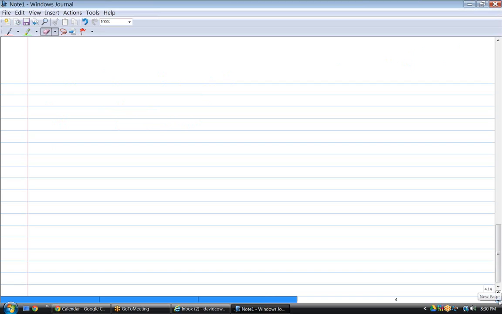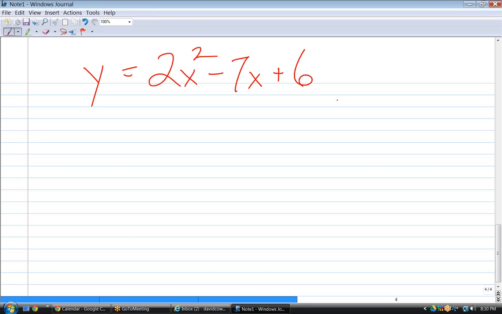Use the discriminant for the following. Are the roots of y equals 2x squared minus 7x plus 6 real or imaginary? What was the constant? Plus 6. Okay. What's the discriminant equal to, with letters?